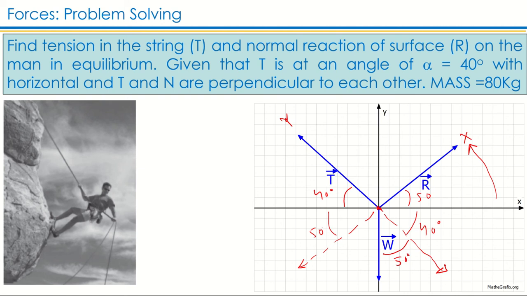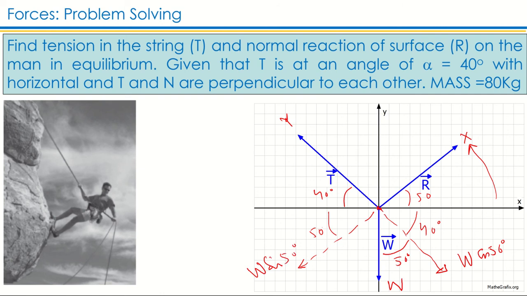Okay, so we change our coordinate axis. Now I don't need to make components for r and t. I'll make components for w. So I write w cosine 50, w sine 50.